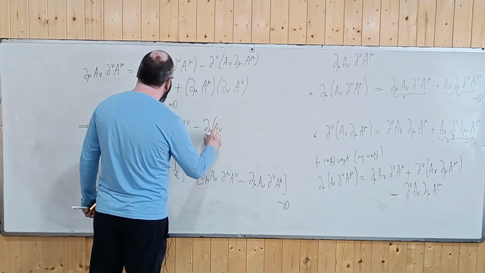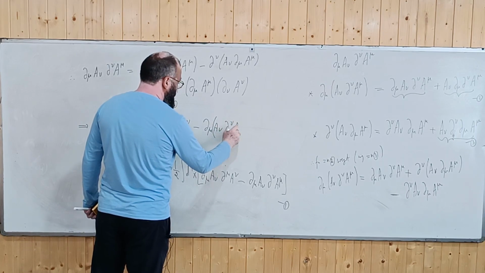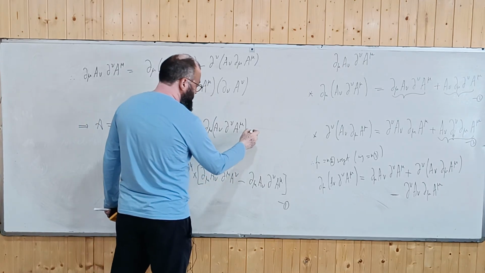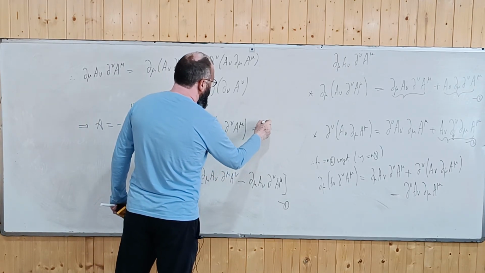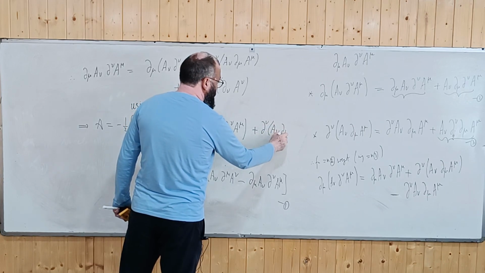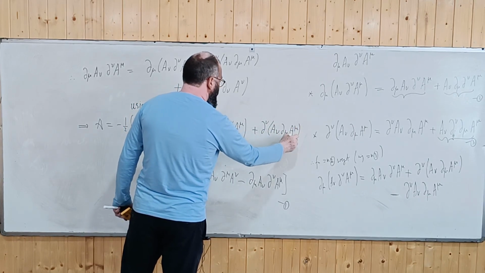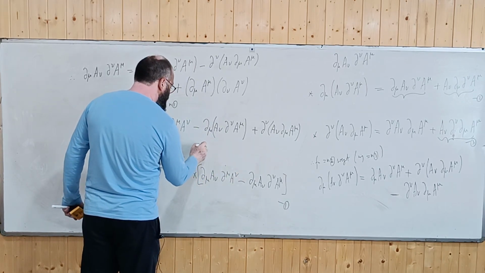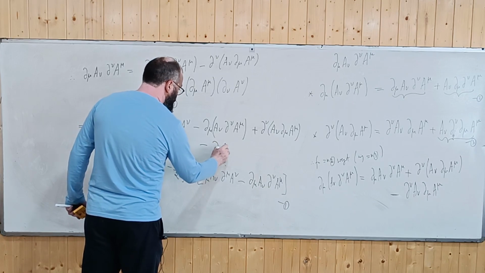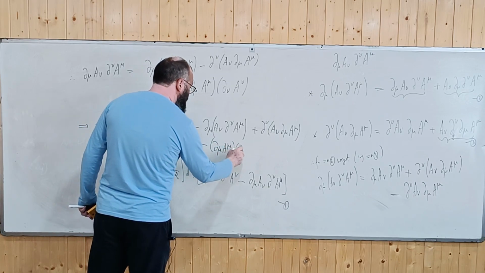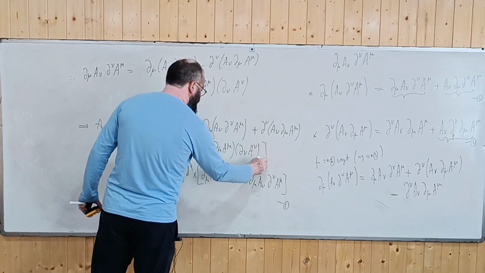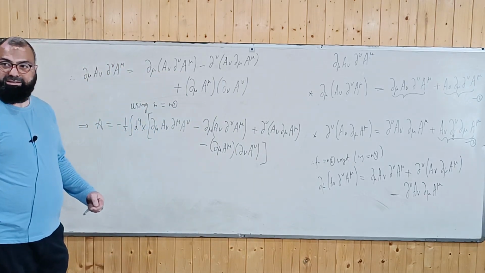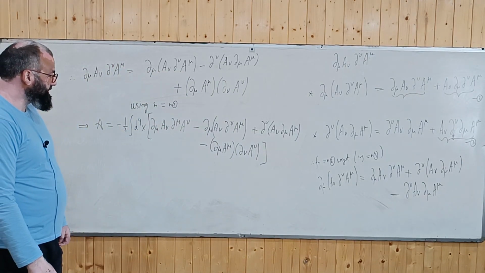Then here minus and minus will make it plus, so plus partial mu a mu, partial mu a mu. This is plus, this will make it minus, so it's minus partial mu a mu, partial mu. So I have simply rewritten the same original action.